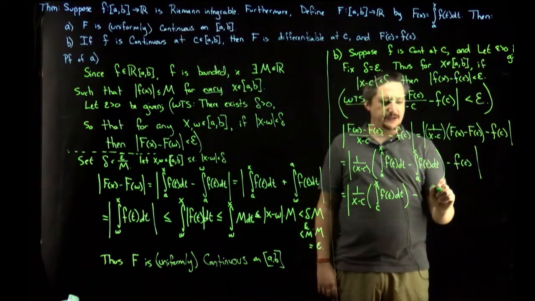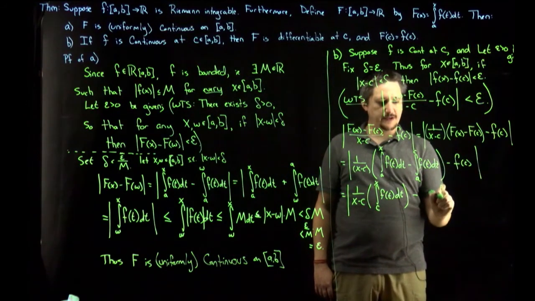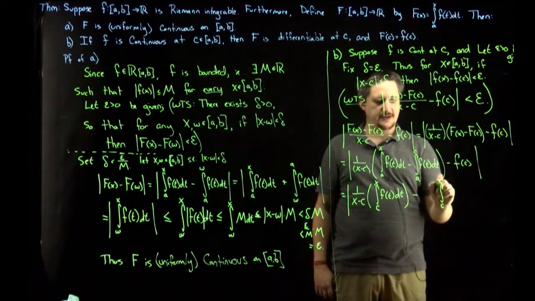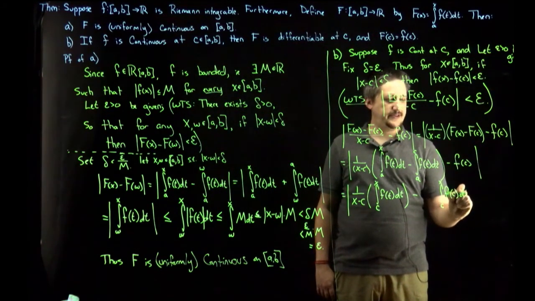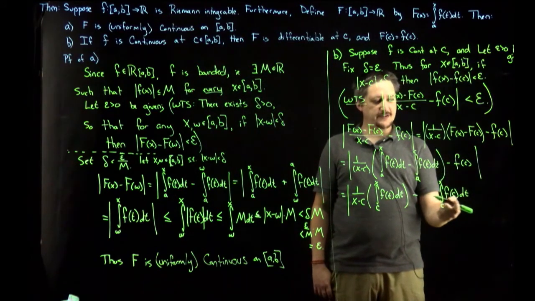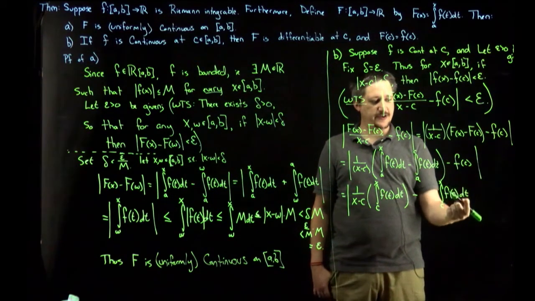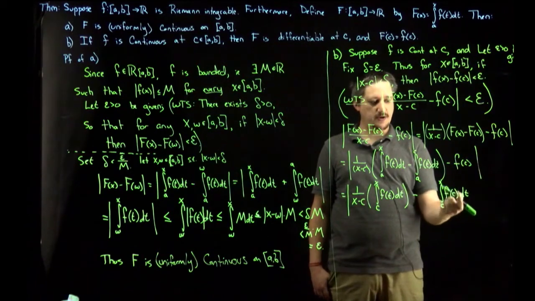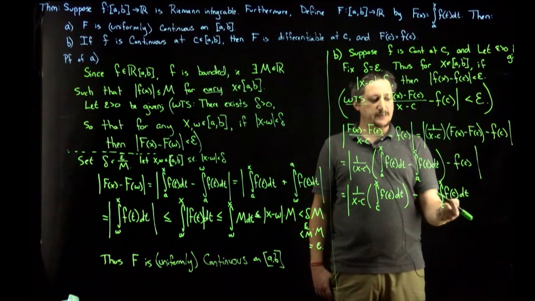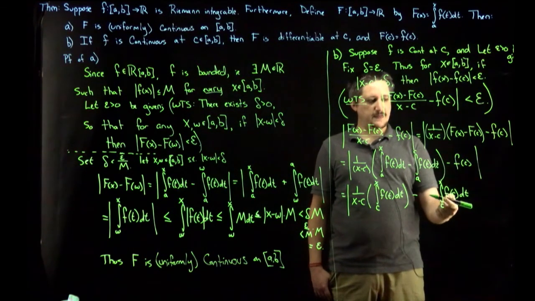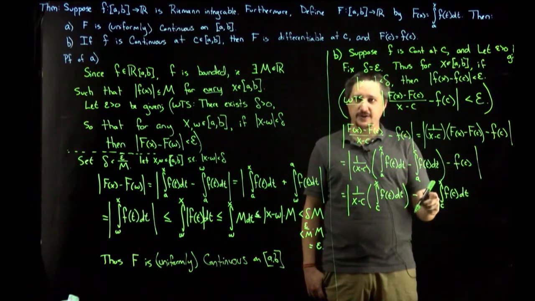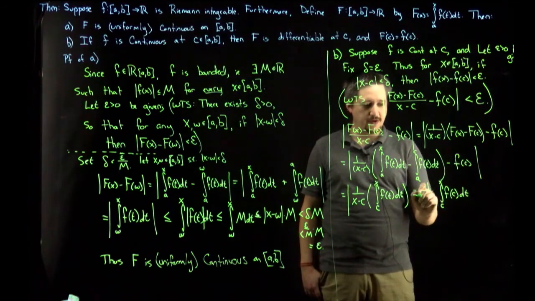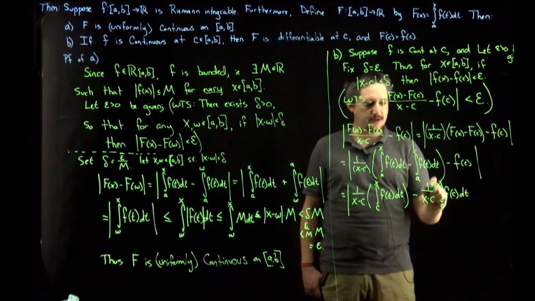So if I wrote something like the integral from c to x of f of c dt, f of c is a constant, right? Because my variable of integration is t, and this is just some number. So the result is going to be that number times the length of the interval. But I want just that number, so I'm going to have to divide out by the length of the interval, meaning I'm going to have 1 over x minus c out here.